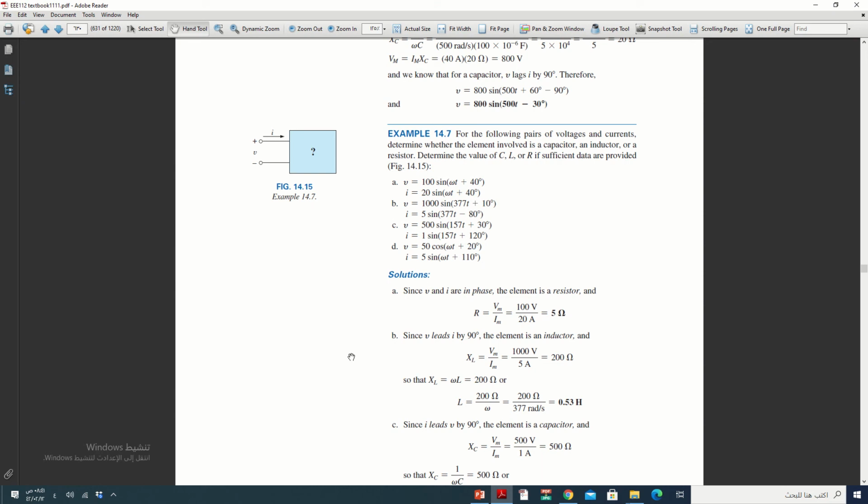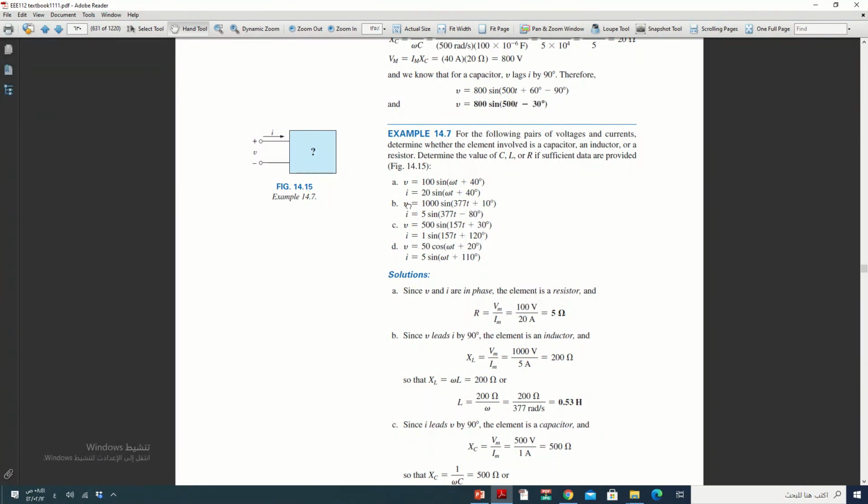Next, V equals 1000 sine 377t plus 10, I equals 5 sine 377t minus 80. What's the shift between them? It is 90 degrees. But we need to know who is the leader or lagger. Plus 10 means minus 10. The curve of the voltage starts from minus 10 and the curve of the current starts from 80.